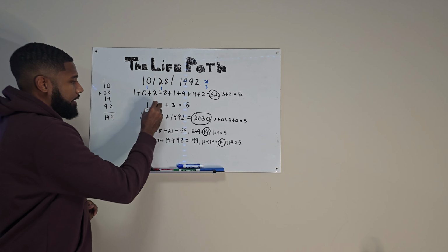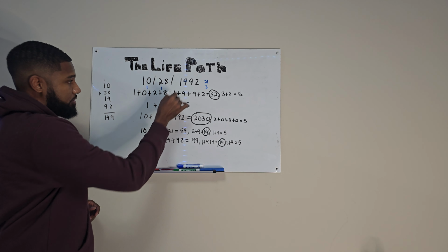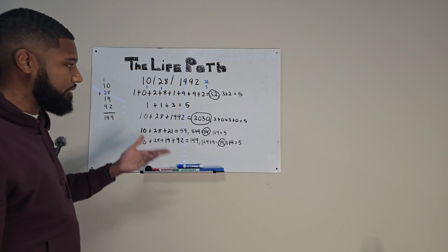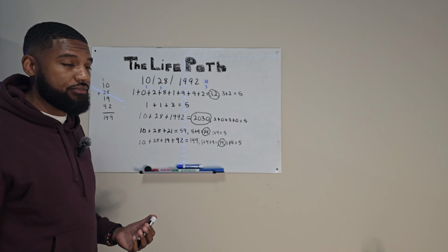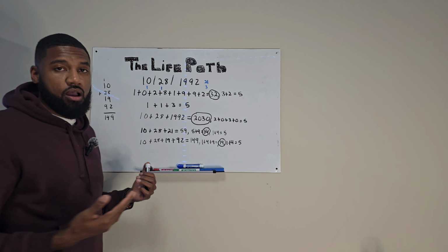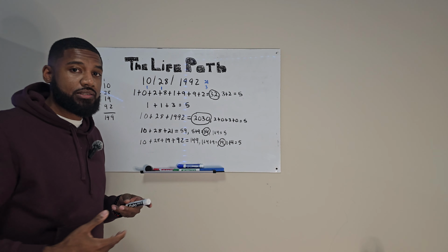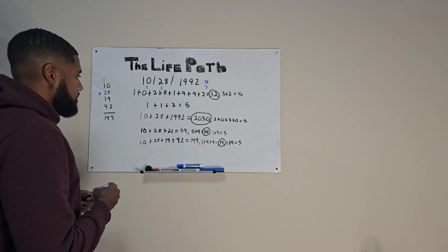So we're going to calculate it right here, which gives us 1 plus 1 plus 3 equals 5, which again gives us the life path 5. If you just want to know your life path number and you're just using it to calculate your life path, either one of these is fine to use. Again, I use different methods because each one tells me something different.